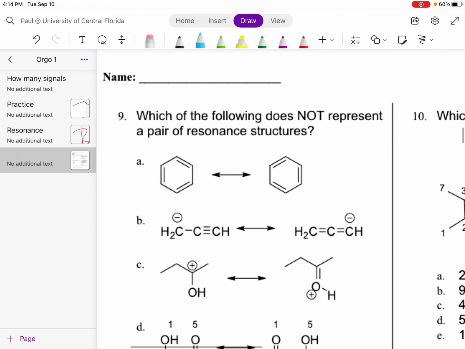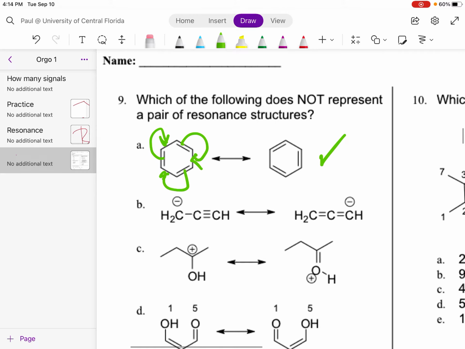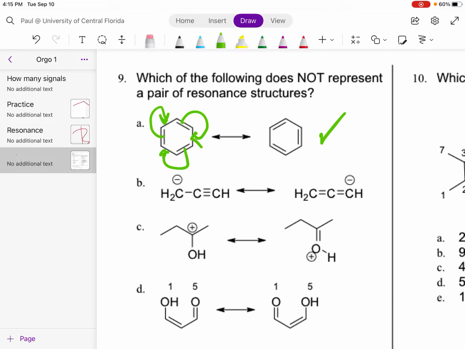So if we look at this, A, if we take those electrons, put them there, those there, and those there, you will get the structure on the right. So that checks out to be a good resonance structure. Molecule B right here. Well, a negative charge on a carbon implies that we have a negative charge there.